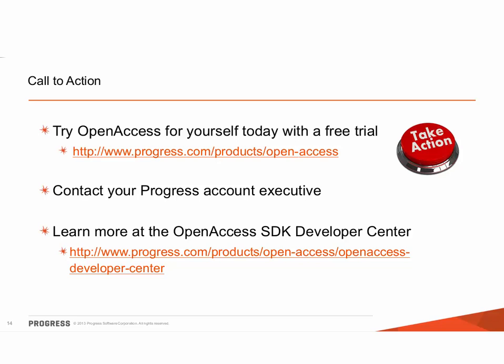It's different from the perspective of the back-end data source. The whole point of OpenAccess is to rapidly enable standards-based connectivity to proprietary backends and proprietary data sources. So every one of those customers' data sources is different, and every one of those customers' implementation of their interface provider is different.